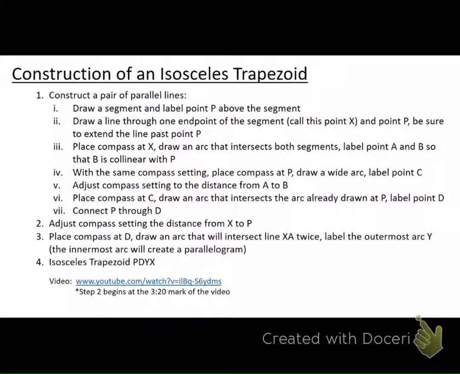Okay, so then you're going to take your compass and put the sharp point on X, extend it out, and draw an arc that hits both of those segments there. So, putting it at X, drawing an arc with a marker that's not working.